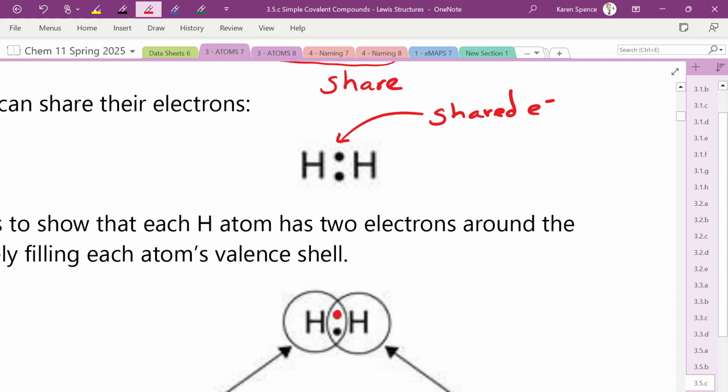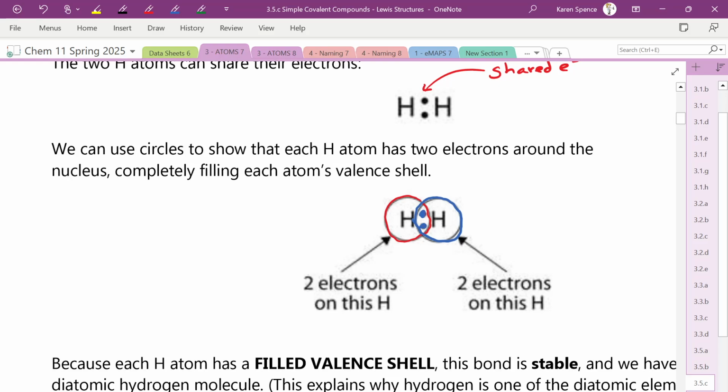Does that satisfy hydrogen? Yes. I can look at the hydrogen on the right and say, is this hydrogen satisfied? Yes, because it also has 2 electrons. Is good? Okay. Each hydrogen has a filled valence shell, and therefore it is stable.